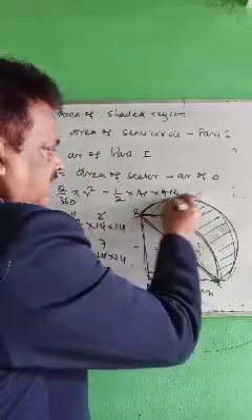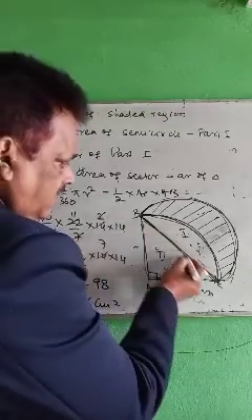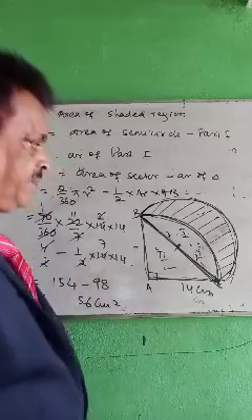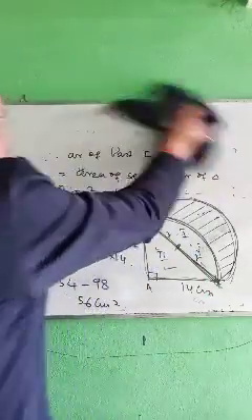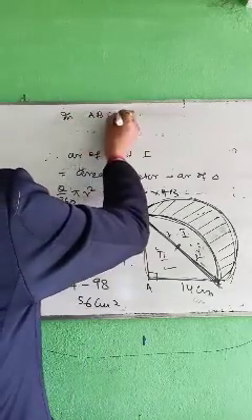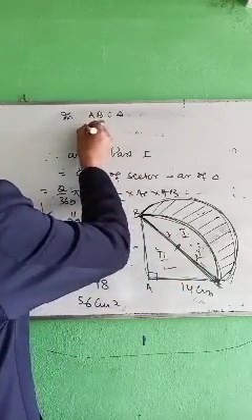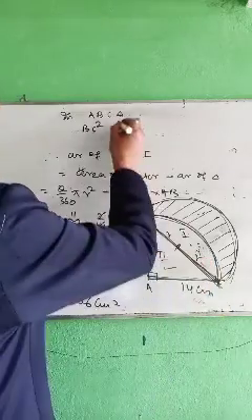Now semicircle. For semicircle, you should know the radius. This is your diameter now. Diameter means 2r. So how to find it in triangle ABC? In triangle ABC, square of the longest side, BC square equals AB square plus AC square.